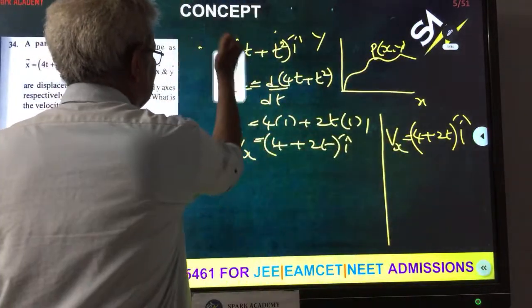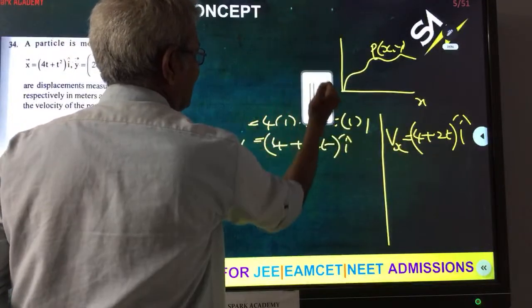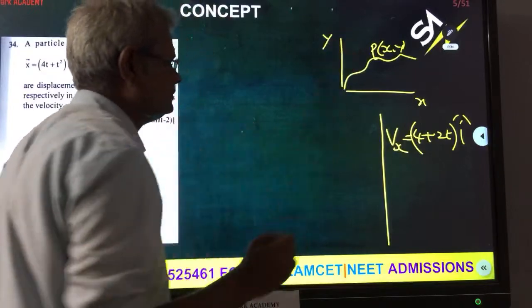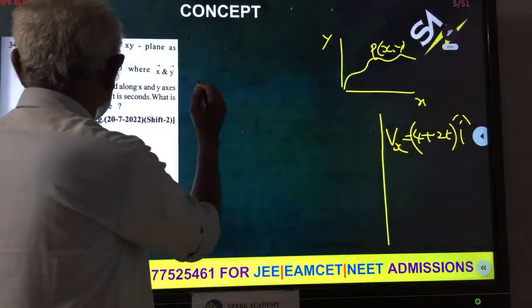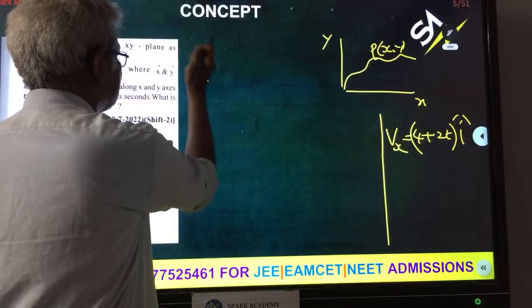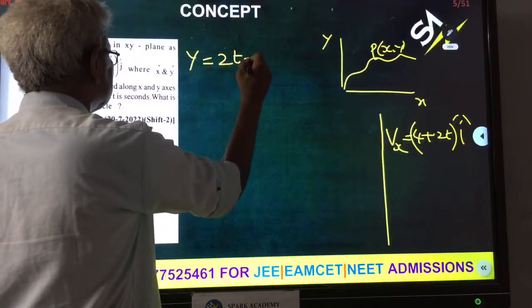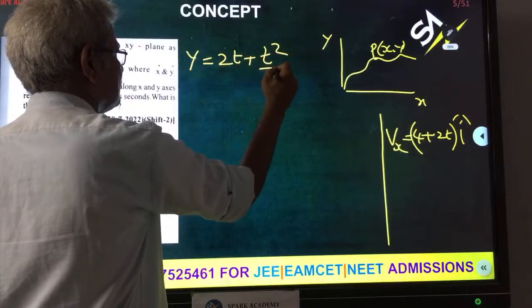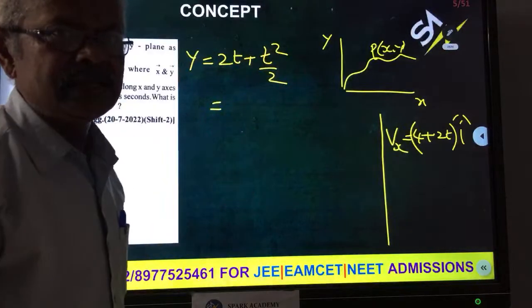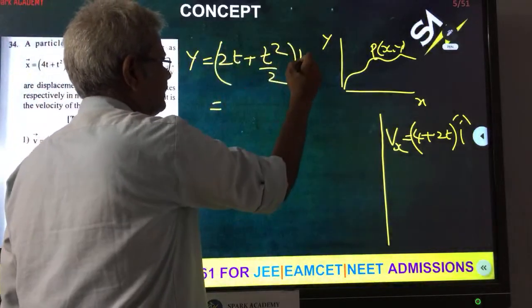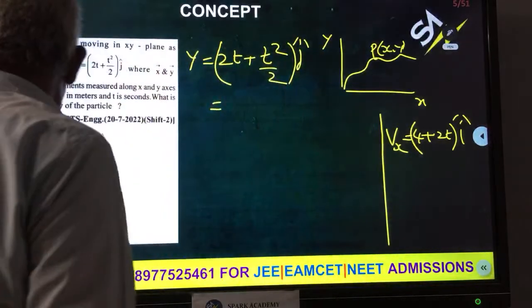Now we will go for velocity along the y-axis. So y is equal to (2t plus t square by 2) j cap.